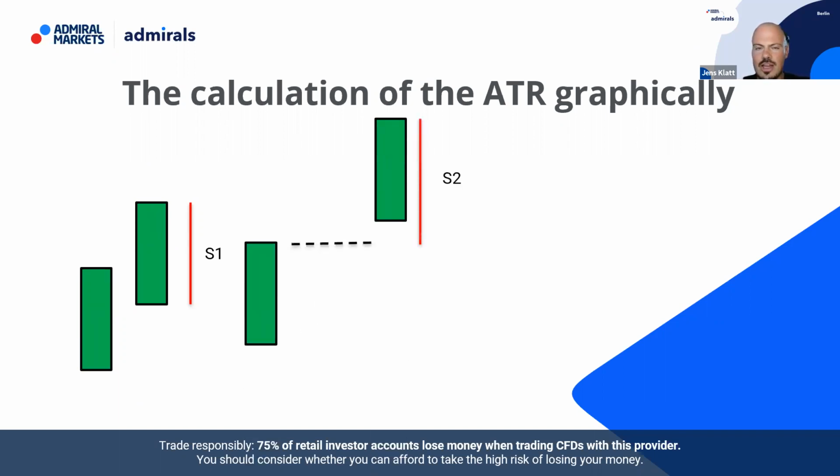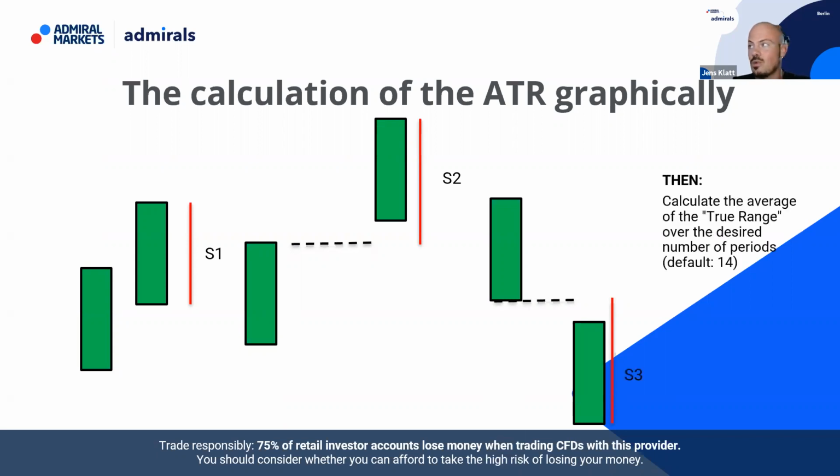Then we calculate the difference between the previous close, as you can see here, and the current high of the day, or high of the next candle. And then the next step, you calculate the difference between the previous close and the current low.